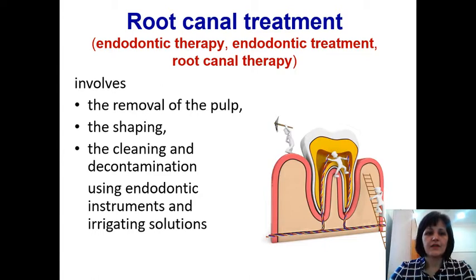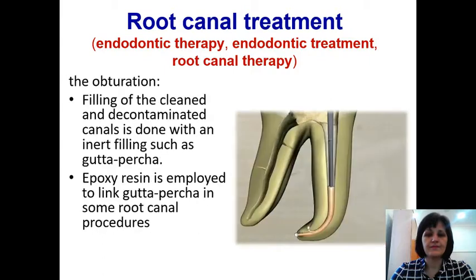Root canal treatment involves the removal of the pulp, the shaping, cleaning and decontamination using endodontic instruments and irrigating solution. And the obturation itself is also part of root canal treatment.